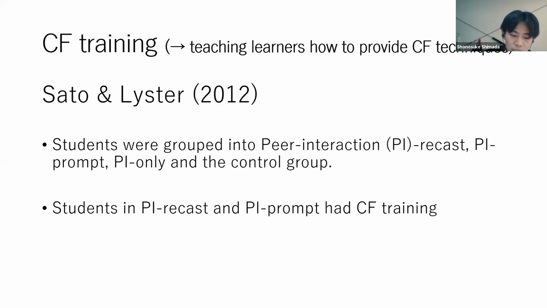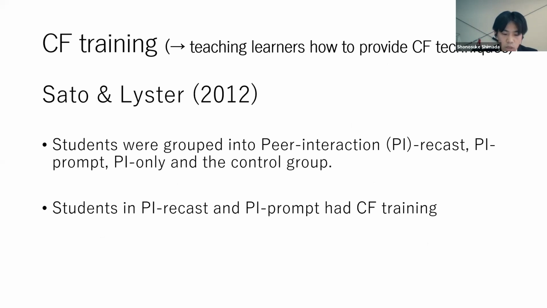While studies on these two types of CF have been conducted, CF training showed a different approach to CF study. CF training is an activity to teach students how to provide CF to their classmates so that they become able to do so. Therefore, they could have more chances to learn by providing and receiving CF.